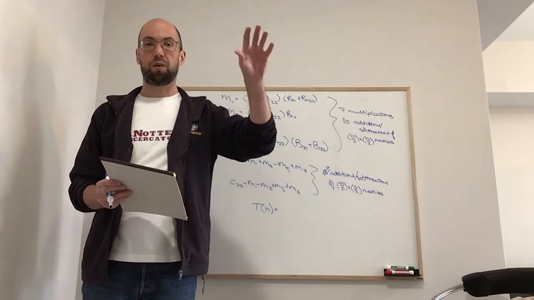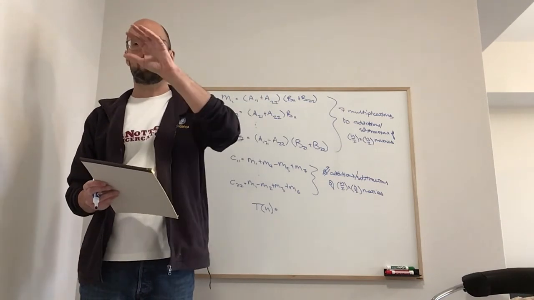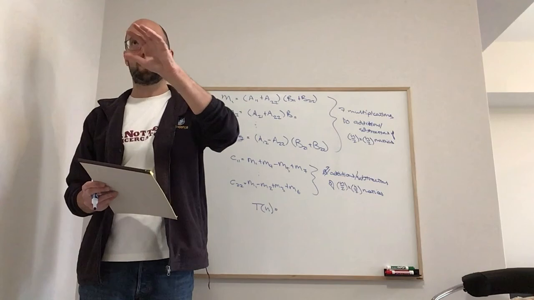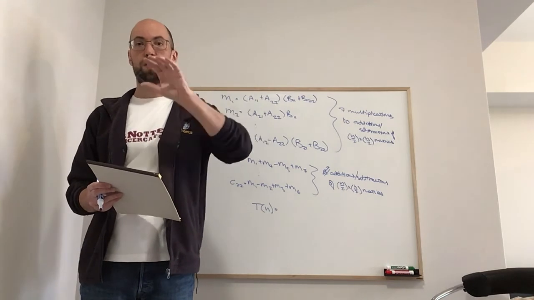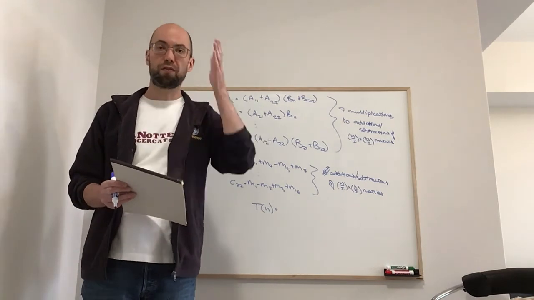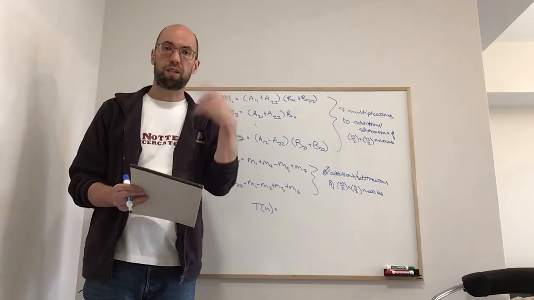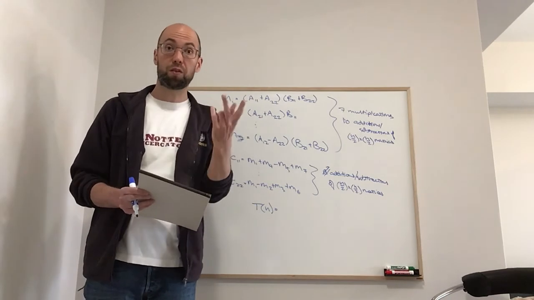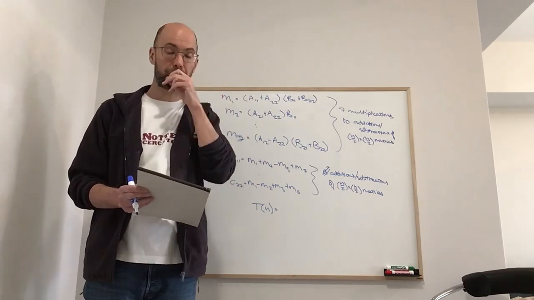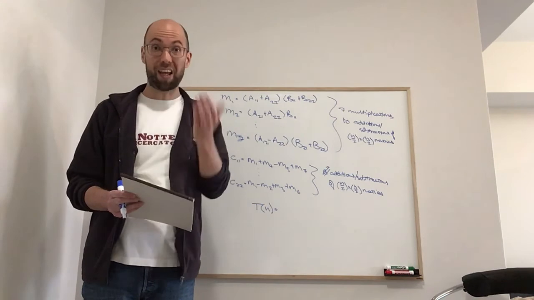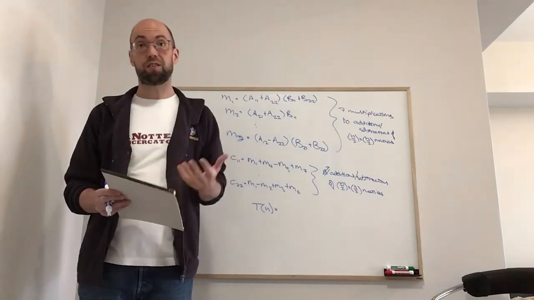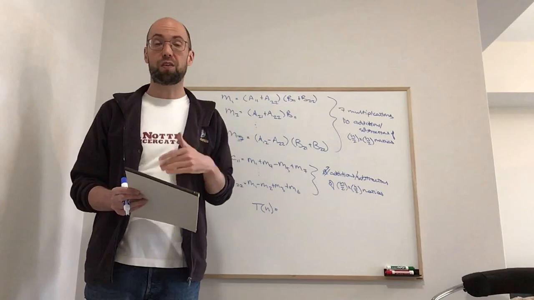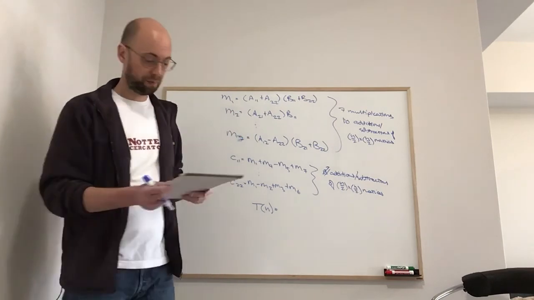Because it was A11 times B11, A12 times B21. For every combination of row and column we were doing 2 multiplications. So that was 8. Now we're only doing 7. So at the cost of doing more additions and subtractions, we've reduced the number of multiplications.